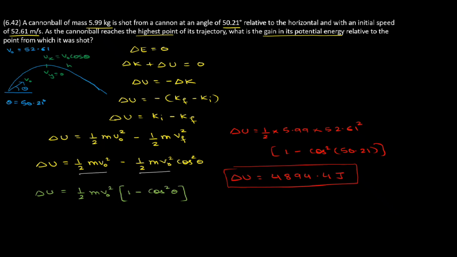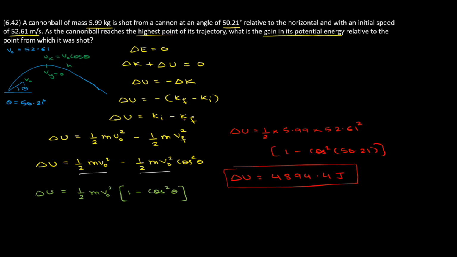So you can use a similar expression. You can solve it in a similar fashion if they ask you to find the gain in potential energy at any other point. Except when you are considering any other point, you will have both components of velocity. You will have a y component and you will have an x component. At the highest point, on the other hand, the x component exists, and the y component is 0. And the x component exists because in projectile motion, the x component of velocity remains constant. Remember, this is not just free fall, this is projectile.